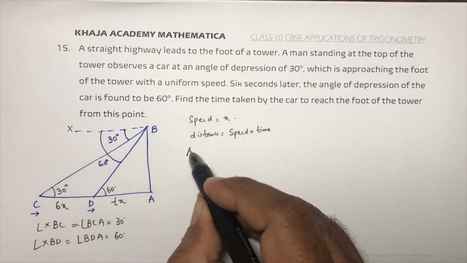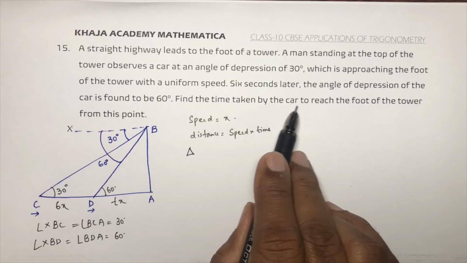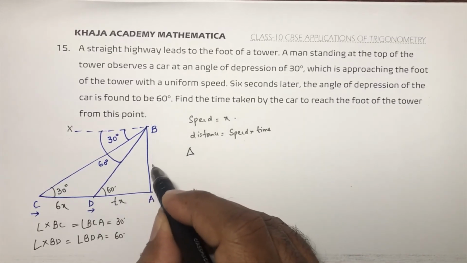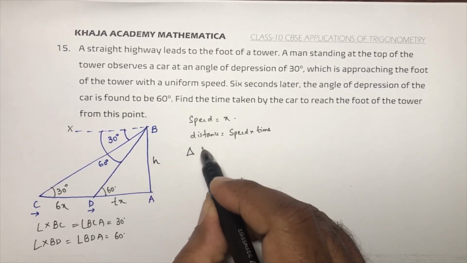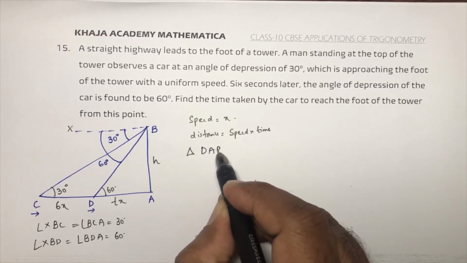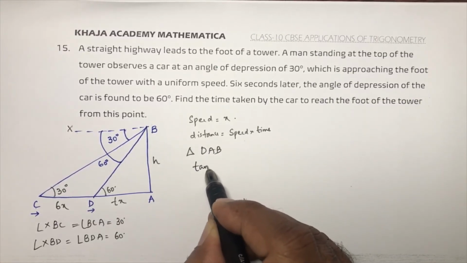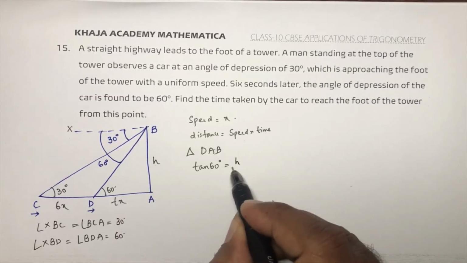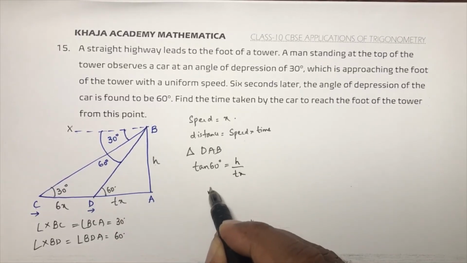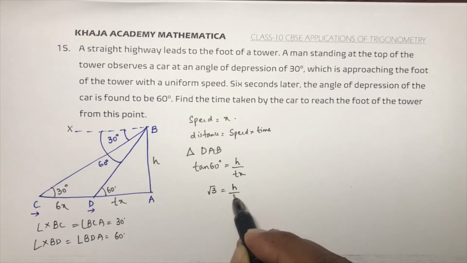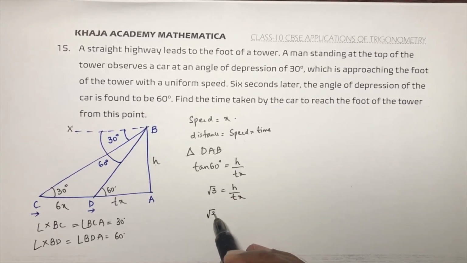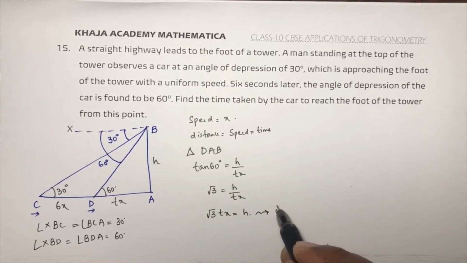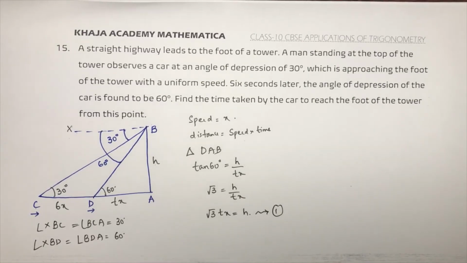Now I'll take the triangles to find the time taken by the car to reach the foot of the tower. I don't have the value of AB, I'll take H. So in triangle DAB, tan 60, opposite is H, adjacent is tx. Root 3 equals H by tx. Root 3 tx equals H. Mark this as equation 1. Equation 2.